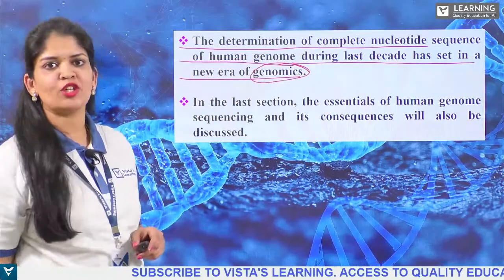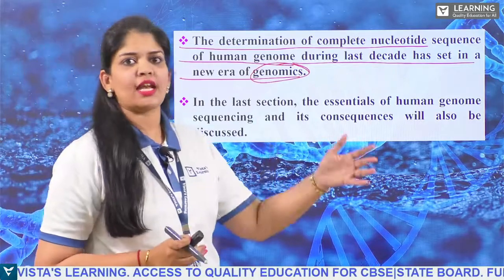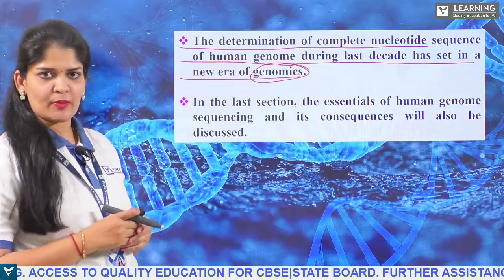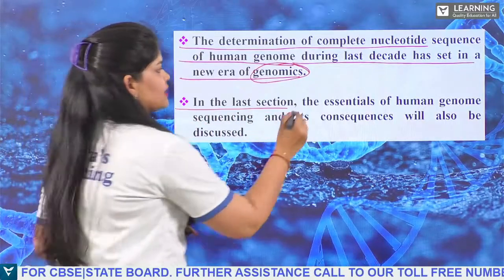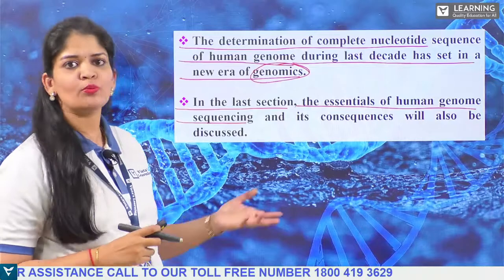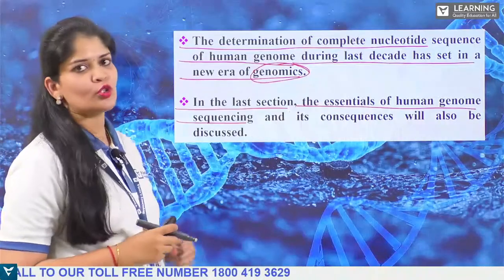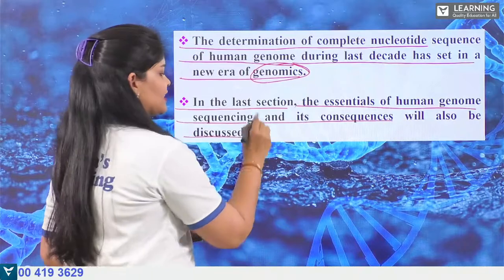Study of genome, study of genes of an individual and the interaction of one gene with another, that will all come in your genomics. Now, in the last section of this chapter, the essentials of human genome sequencing, why we need to sequence the human genome, and its consequences will also be discussed.